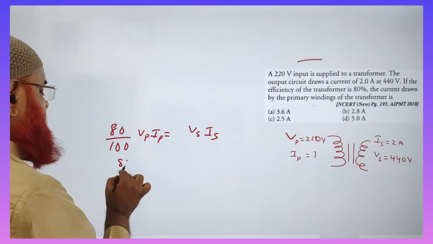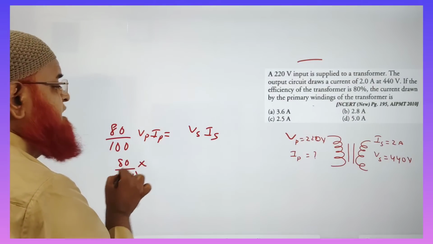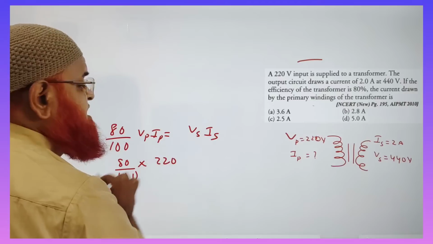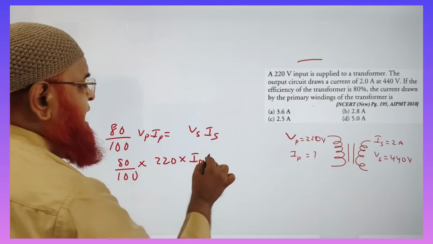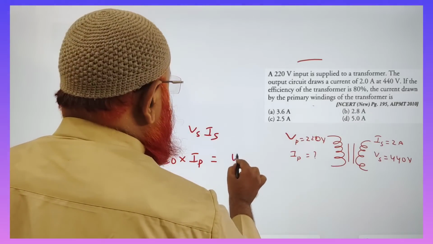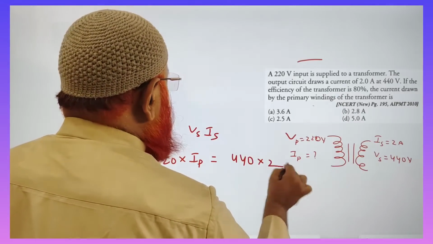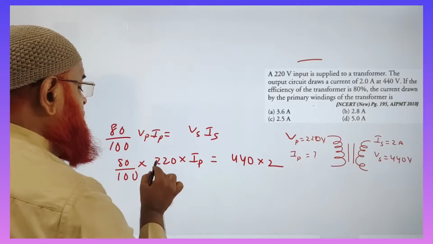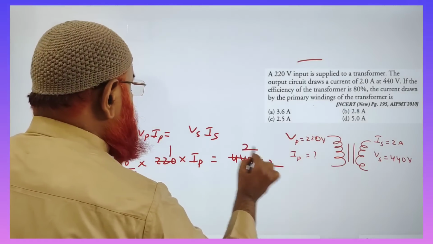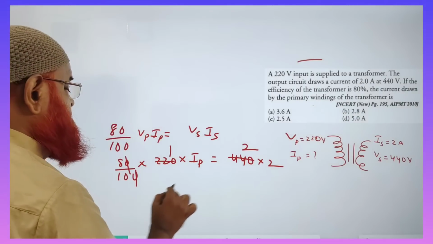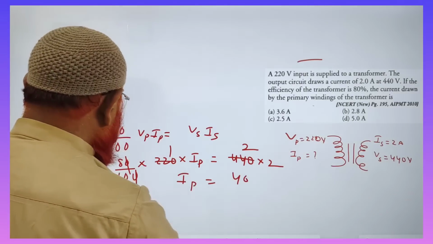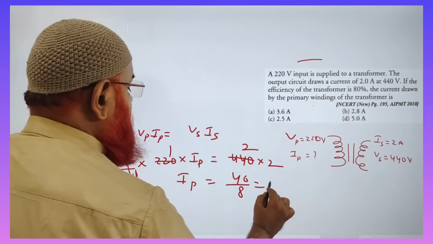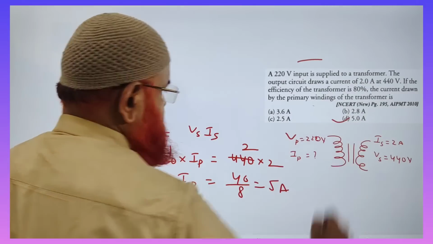So 80 by 100 into VP, which is 220 into IP. We don't know IP, we have to find it. And what is V secondary? 440 into 2. So 220 one time, 220 two times. This is 0, this is 0. IP is equal to 4 into 10 by 8. Your answer is 5 amperes.